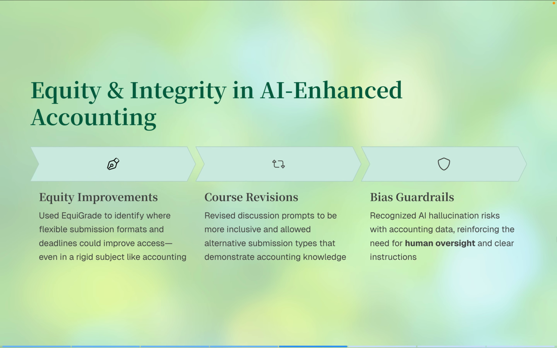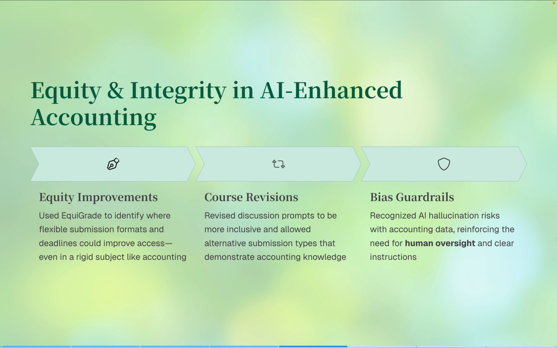When we are talking about equity and integrity, here are the key components. First of all, equity improvements. I used a tool called Equigrade to identify where flexible submission formats and deadlines could improve access, even in a rigid subject like accounting. So I gave my students options.